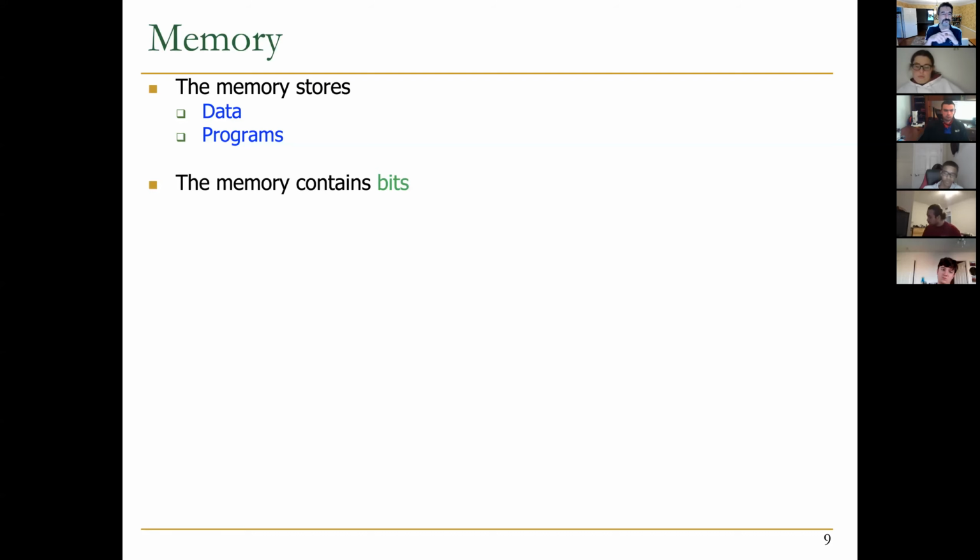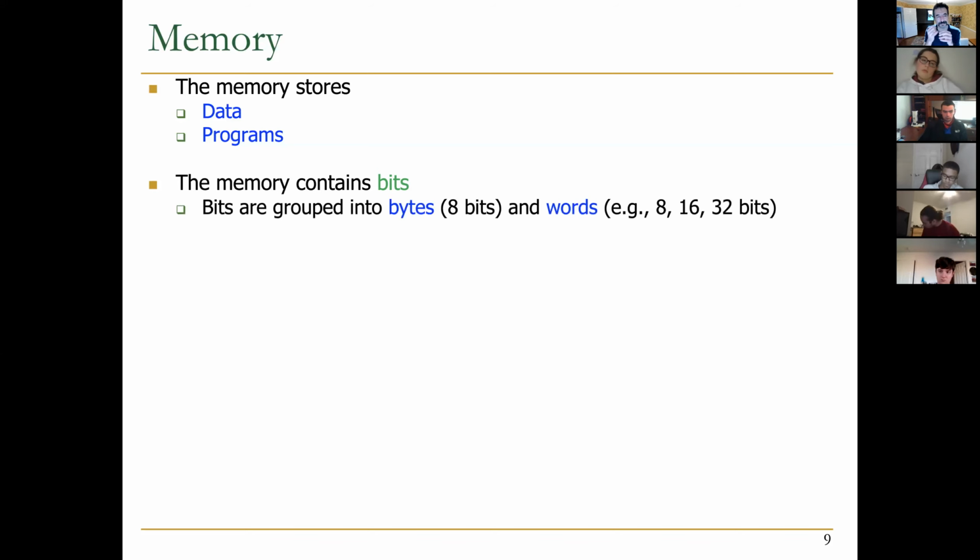It is linear, only contains bits, and bits are grouped in bytes, as you already know, and words.